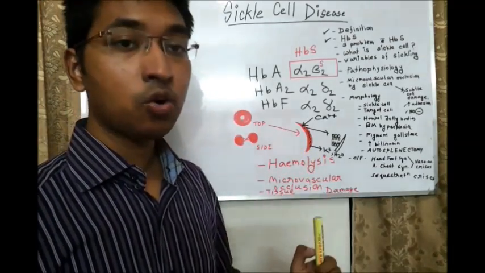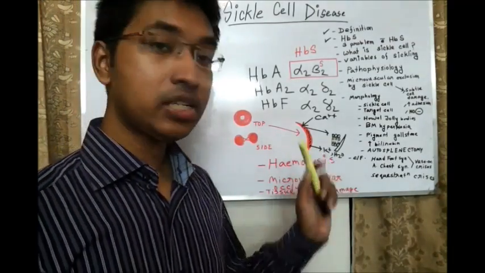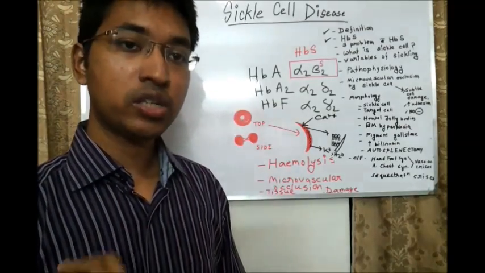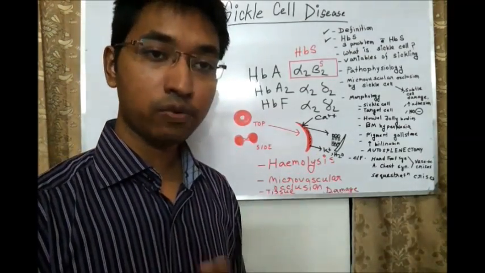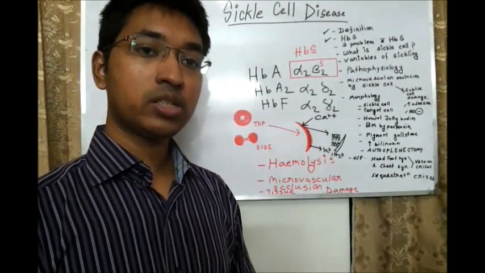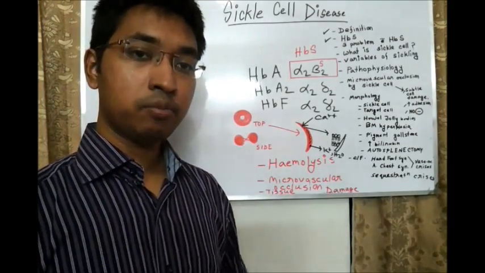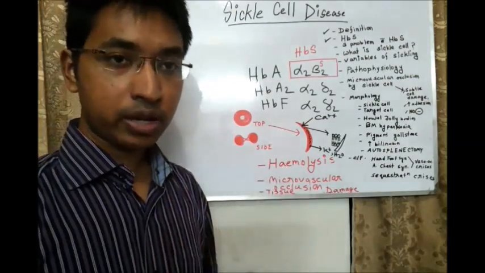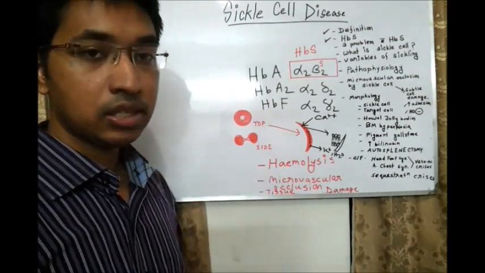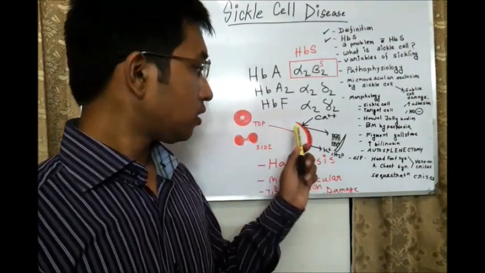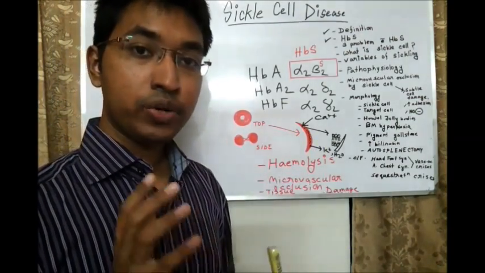But what happens when we are dehydrating the red blood cell? We are taking water away from it. We are taking potassium ion away from the red blood cell. The red blood cell will tend to become rigid. Normally, there is a fluid cytoplasm inside the normal RBC, but in case of sickle cell RBC, that will become more viscous.